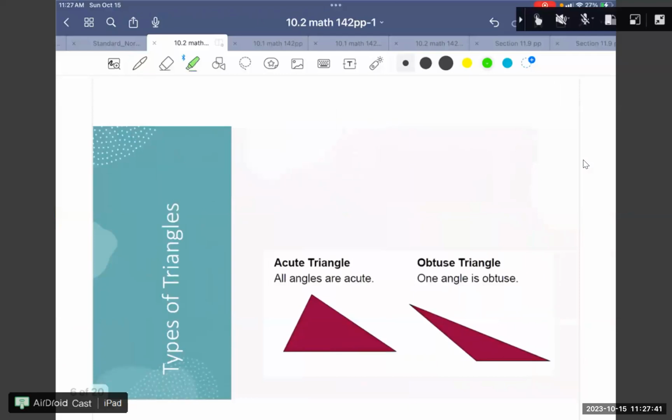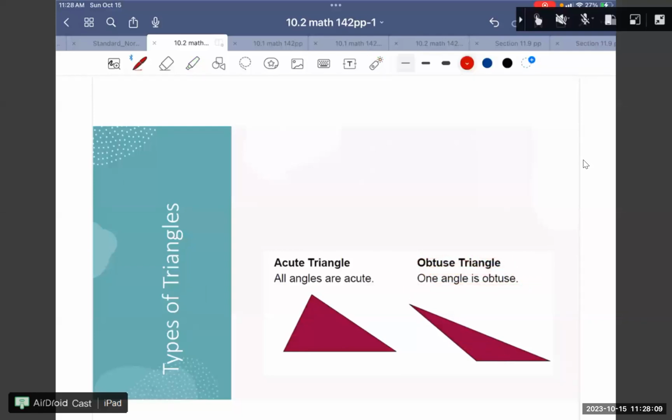Now the types of triangles. The first is the acute triangle, where each angle is less than 90 and greater than 0. Next is the obtuse triangle, where one angle is big.